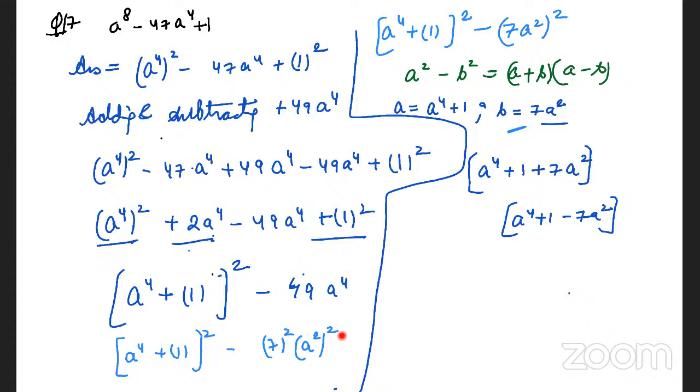Yes or no? Now this is a square minus b square, so can I write it like a plus b, a minus b? So a is equal to a^4 plus 1 and b is equal to 7a square. So a plus b, a minus b.